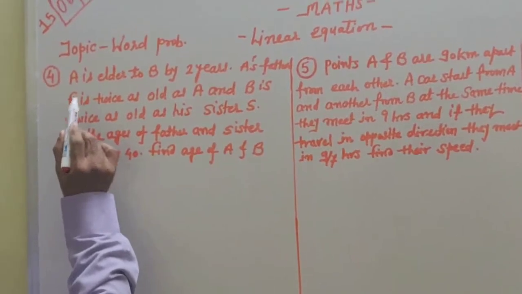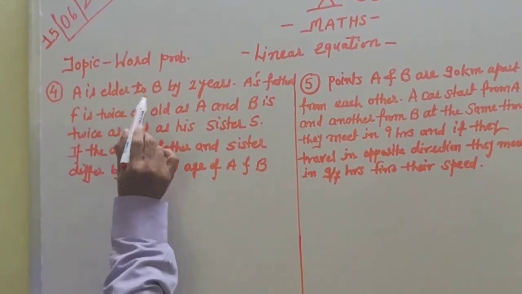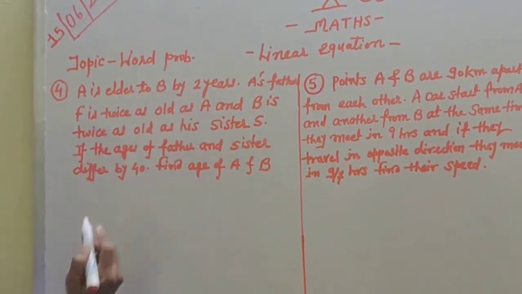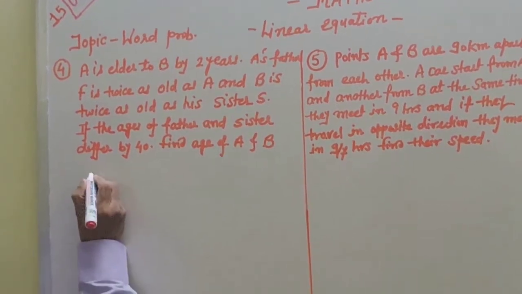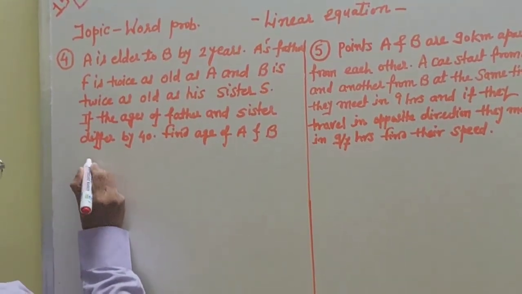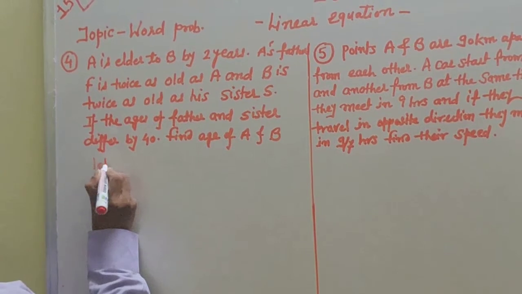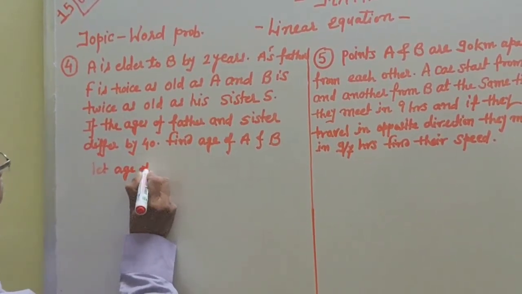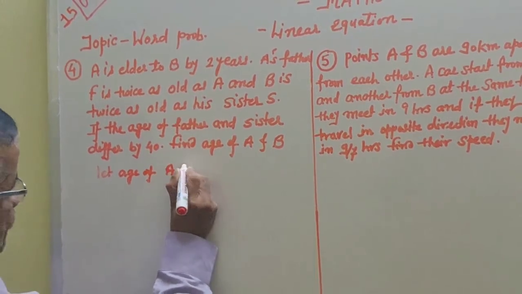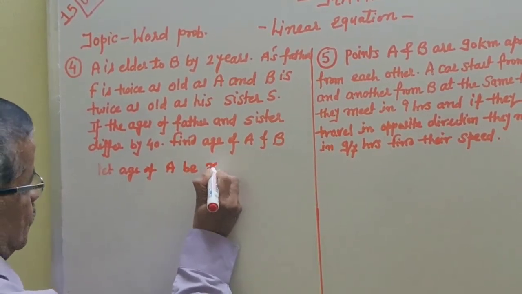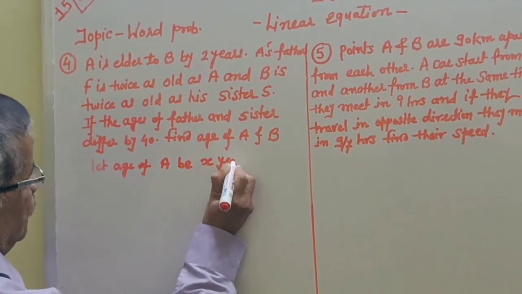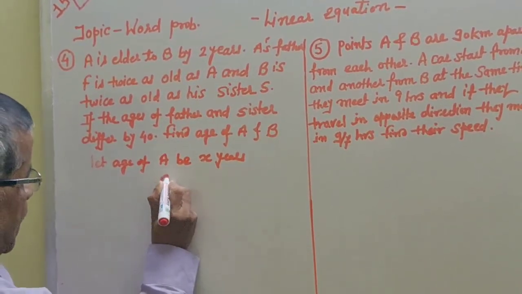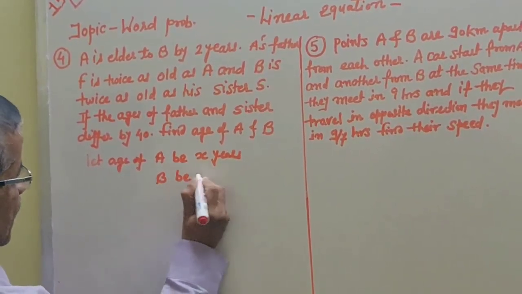In this problem it is given that A is elder to B by 2 years. That means two persons, A and B, are given. Let the age of A be x years and B be y years.